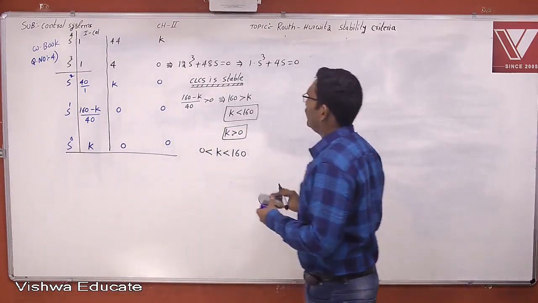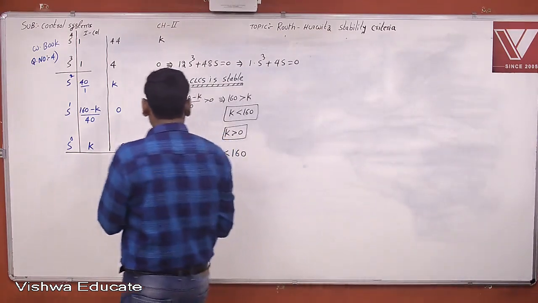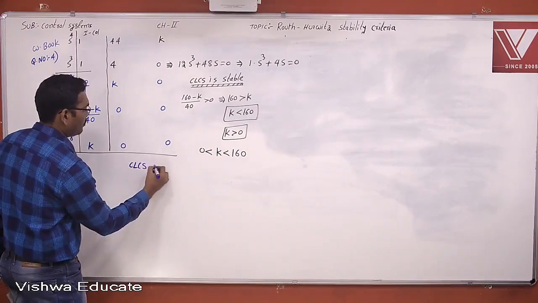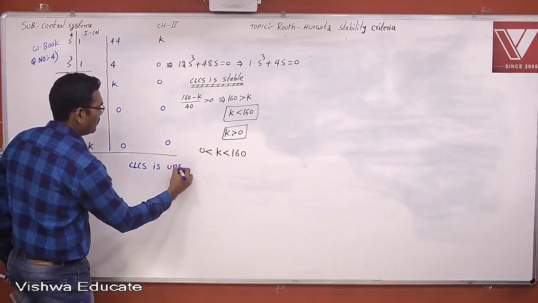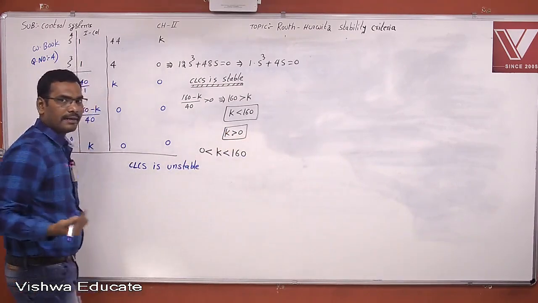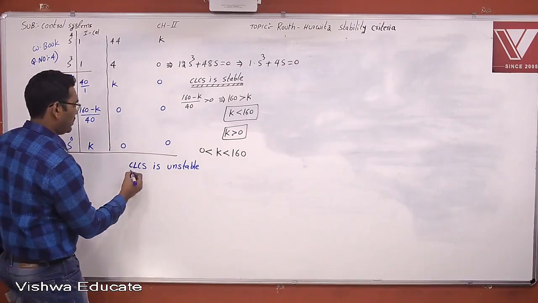Right? Now, when the closed loop control system is unstable, when k is less than 160 it is stable, k greater than 160 is unstable, k equal to 160 is marginally stable.